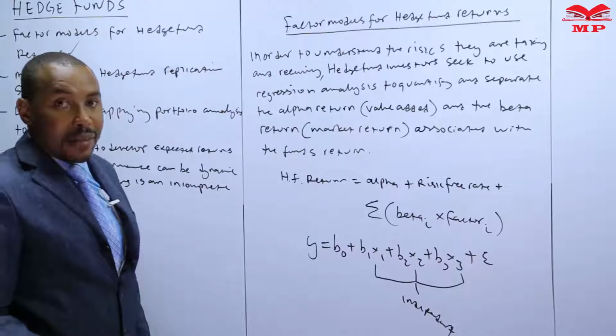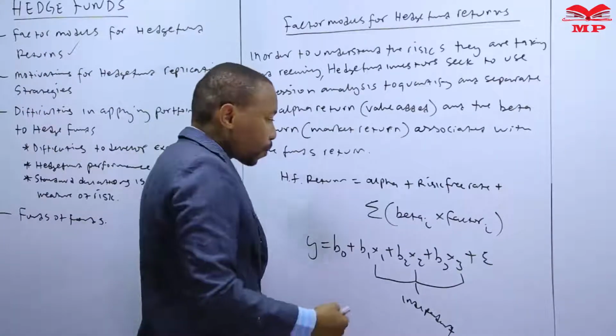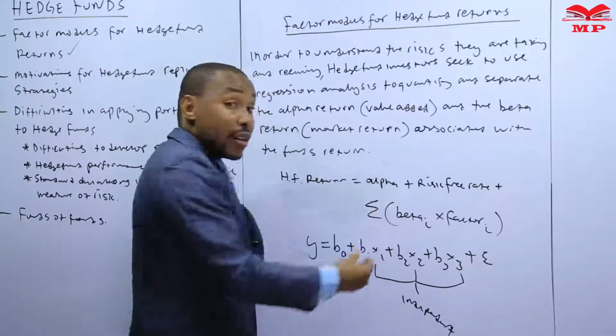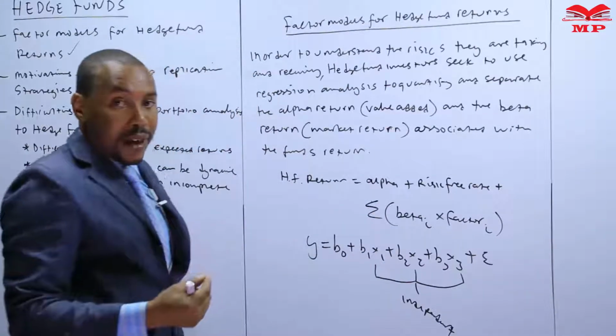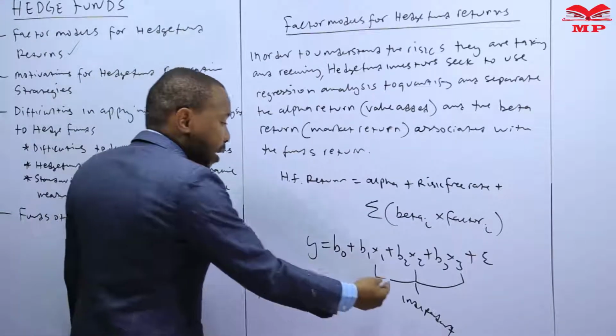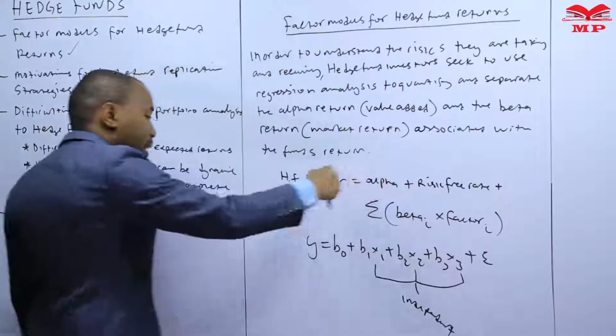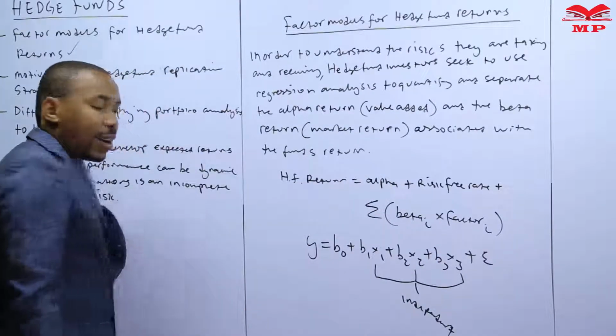That error term is maybe a factor that has not been included within this model. So x1, x2, and x3 are the ones that influence the y.